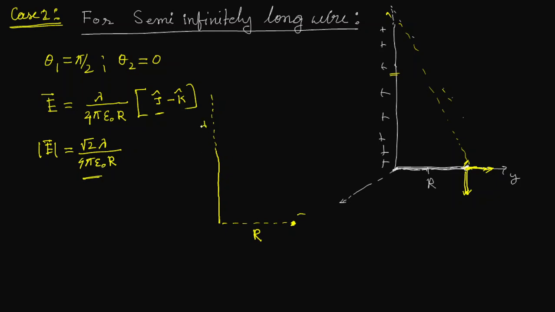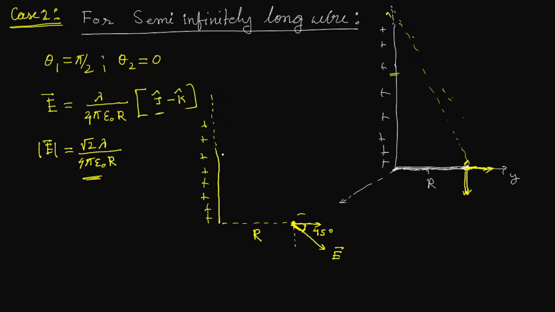Now, if the source charge, that is charge per unit length, is positive, then the magnitude of electric field at this point will be this much, and the direction will be, first you draw a perpendicular line to the length, and then you can draw like this way. It will make 45 degree with this perpendicular line. This will be the net electric field in this case.